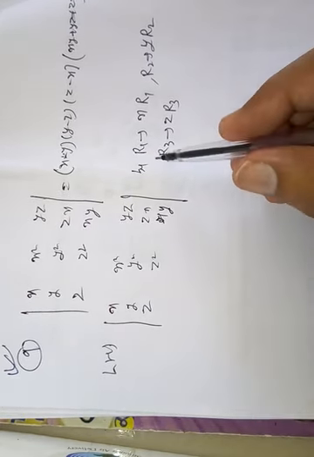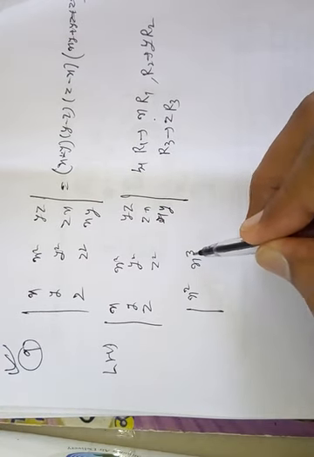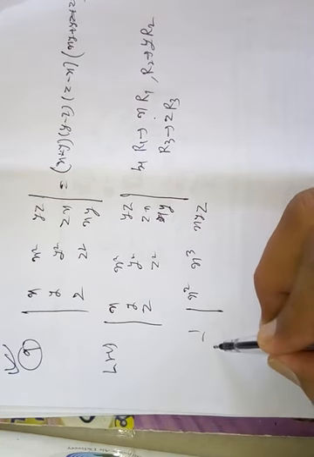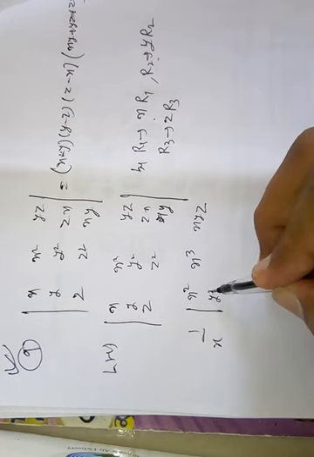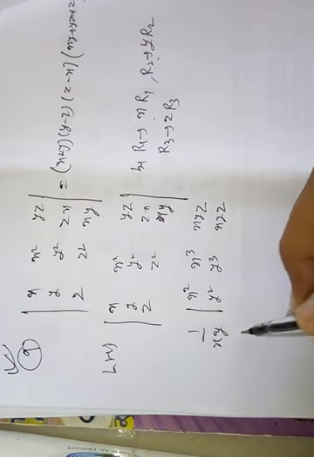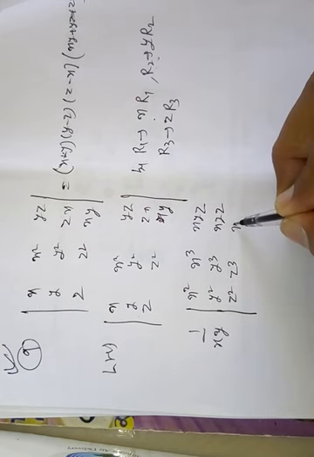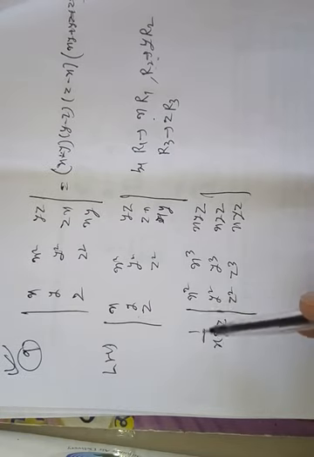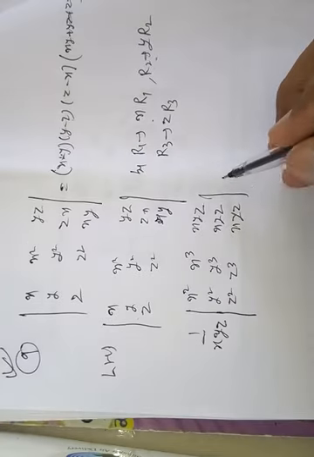This is a rule. So multiply by x: x into x, x square, x cube, xyz. And divide by 1 upon x. Same for R2: y square, y cube and xyz, so this is y. And same for z: z square, z cube and xyz, this is z. You can multiply inside and already divide outside the determinant.